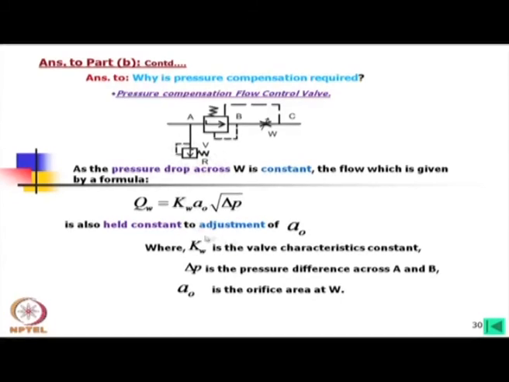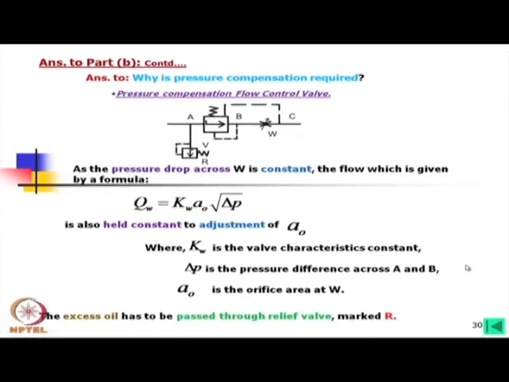With this pressure compensation valve, A0 is adjusted so that the pressure difference is kept constant, as well as the area kept constant to give a desired flow. We can change the flow only by changing this area here. The excess oil has to be passed through the relief valve marked R.